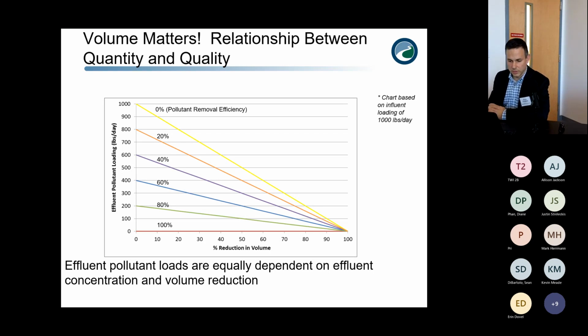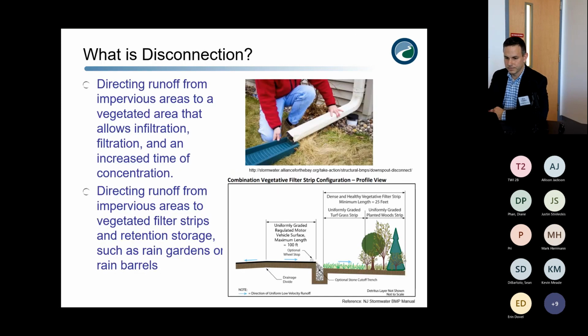So effluent pollutant loads are equally dependent on both the effluent concentration and that volume reduction. So any BMPs that we can set up to retain that water, infiltrate it, is going to have kind of a double benefit of providing treatment and reducing the volume as far as the effluent loading downstream.